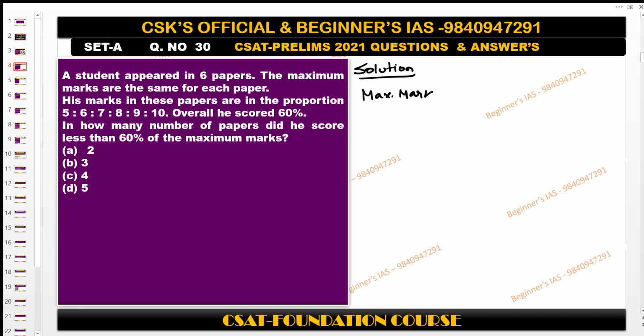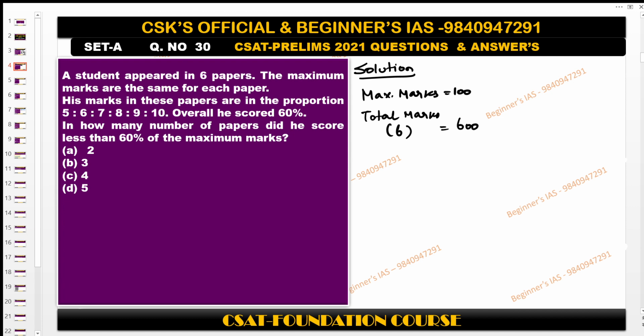I am taking maximum marks as 100. So therefore, total marks for the 6 subjects, which is equal to 600. Then move on with the next statement. The marks in these papers are in the proportion 5x, 6x, 7x, 8x, 9x, 10x.